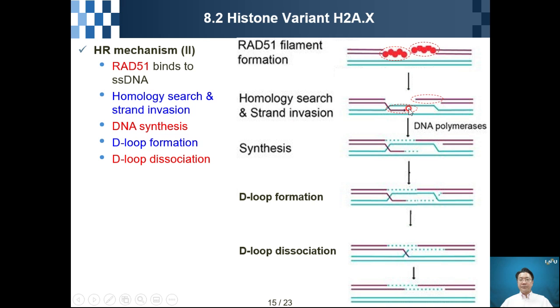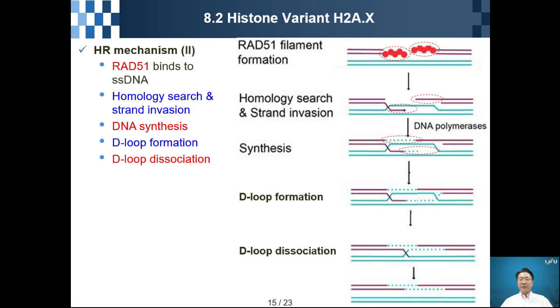After that, DNA polymerase binds here. This is the blank region, and this is the blank region. So DNA polymerase synthesizes DNA based on this template and this template. So DNA synthesis happens.